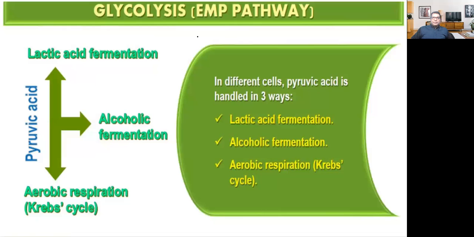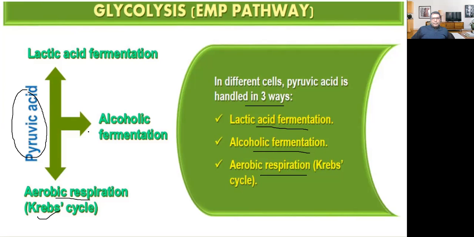Now pyruvic acid is produced here. In different cells, pyruvic acid is handled in 3 ways: lactic acid fermentation, alcoholic fermentation, and aerobic respiration, that is the Krebs cycle. If oxygen is available, it will enter into the Krebs cycle, which is called aerobic respiration.